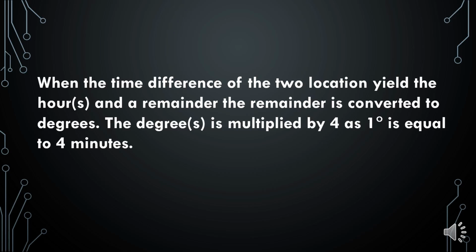When the time difference of the two locations yields the hour or hours and a remainder, the remainder is converted into degrees. The degree or degrees is then multiplied by 4, as 1 degree is equal to 4 minutes.